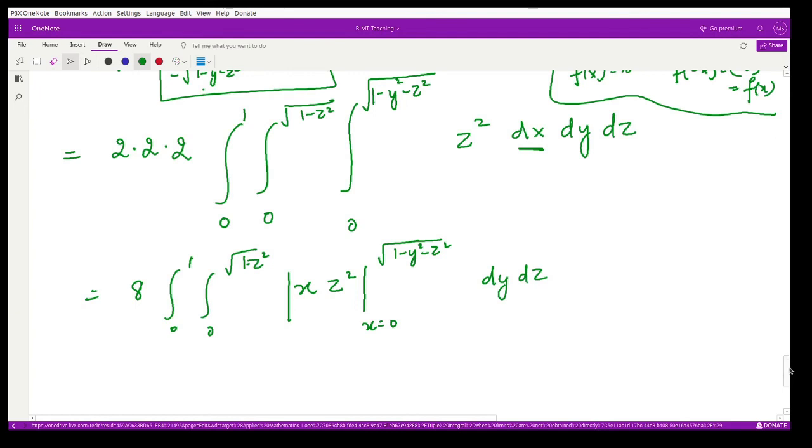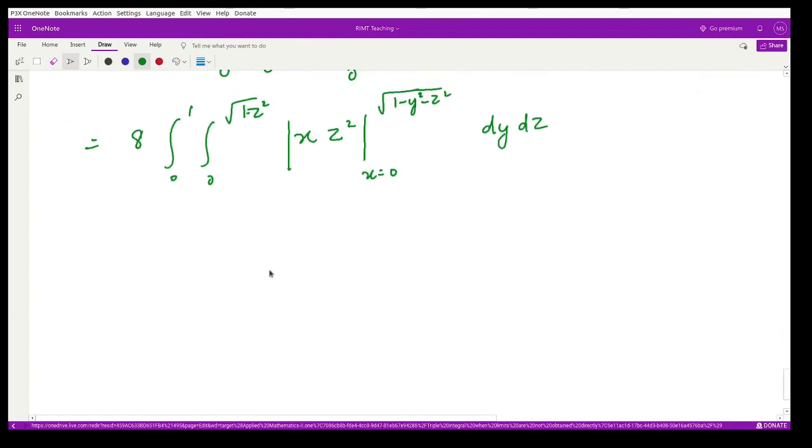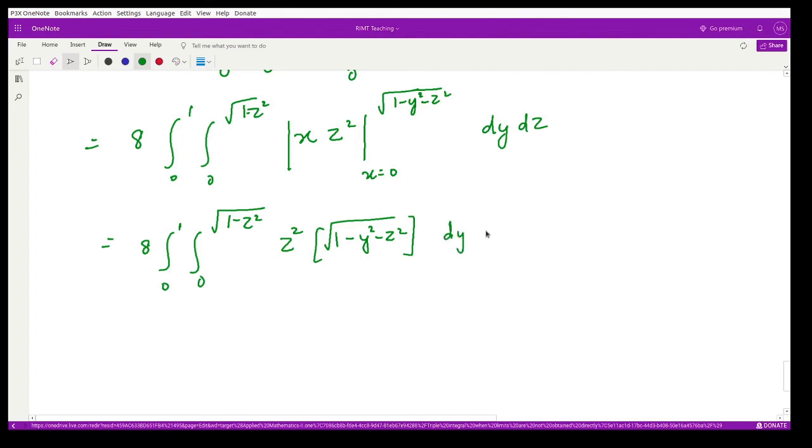And then now we can substitute the limits. So this would be 8, integration 0 to 1, integration 0 to square root 1 minus z square, x as such, z square as such, because we will substitute the limits of x. So this would be equal to 1 minus y square minus z square square root into minus 0. So this is what we have.